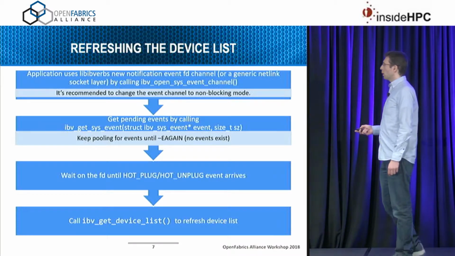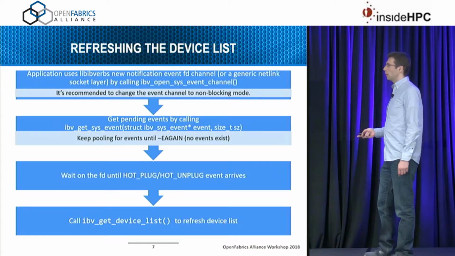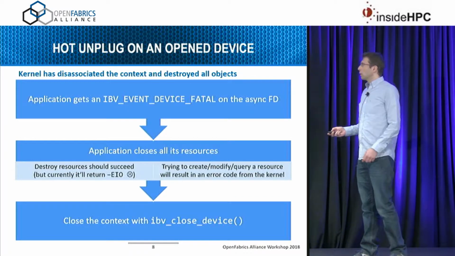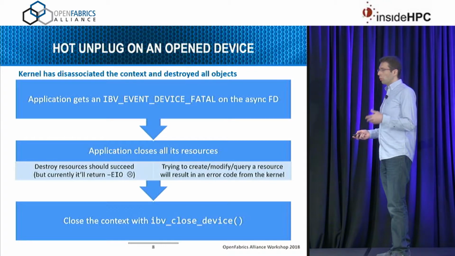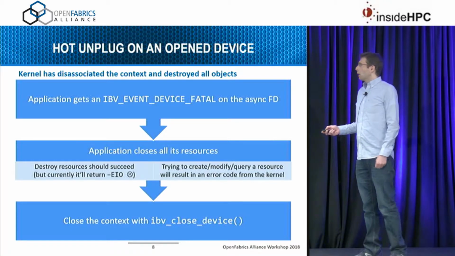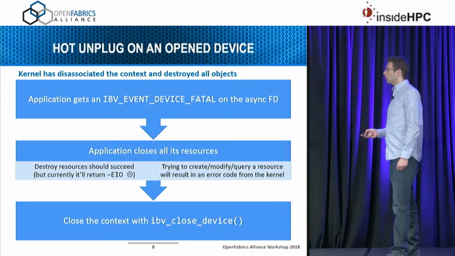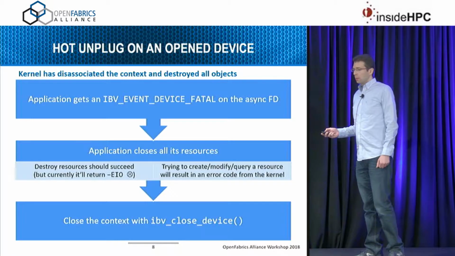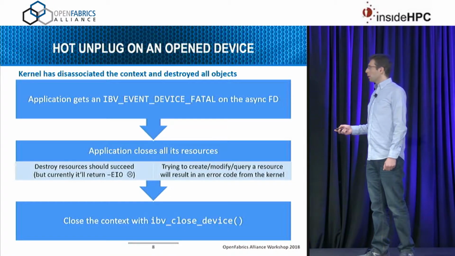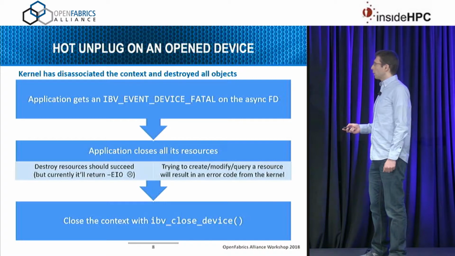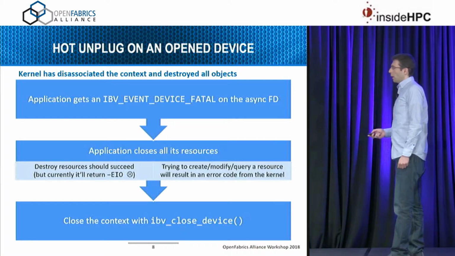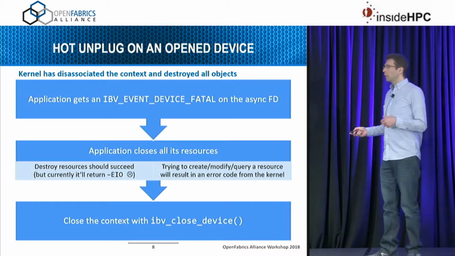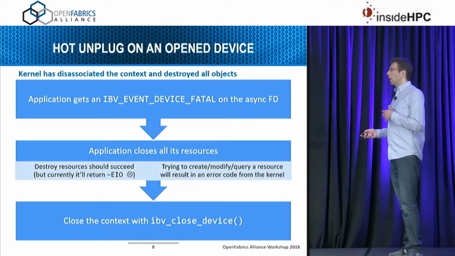This thing, we don't have yet in the code. What we do have is the unplug on some things that you work on. And in that case, the kernel first kills everything, and then it fires this. The app should close every CQ, QP, everything.